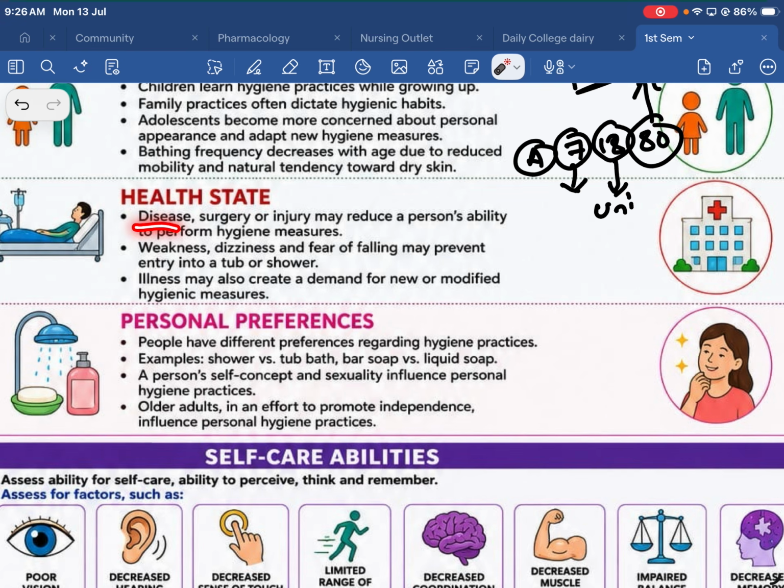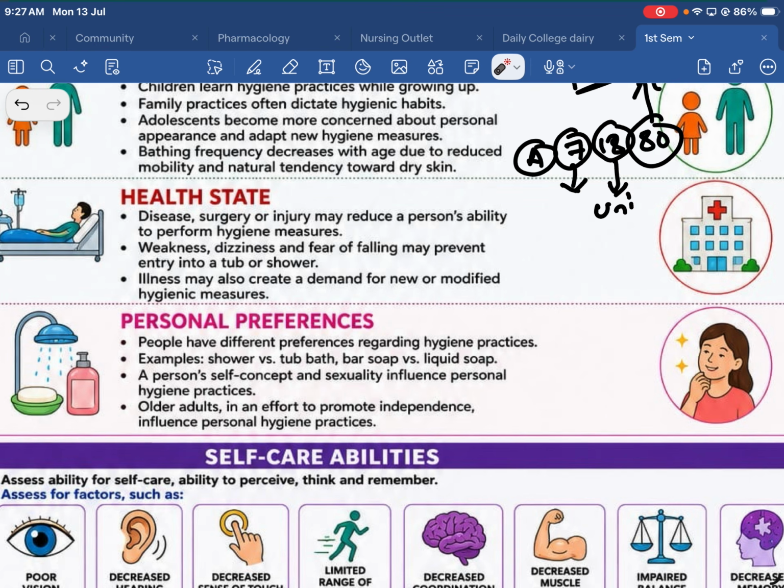Next one is disease or surgery; people also can't perform it. Here the person's ability to perform hygiene is very low, right? Are you understanding? Okay. So the next factor is personal preference.